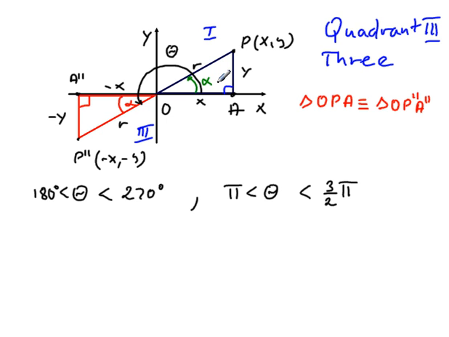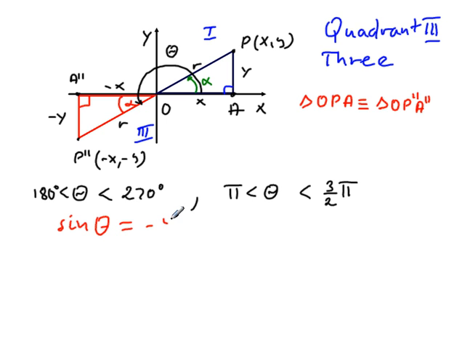So for y ratio, for sine ratio, sine of angle theta, we know that from the first quadrant, the definition for that is opposite over the hypotenuse. So since alpha in red color now is the corresponding angle for angle theta, so the ratio sine will be defined as negative y over r.